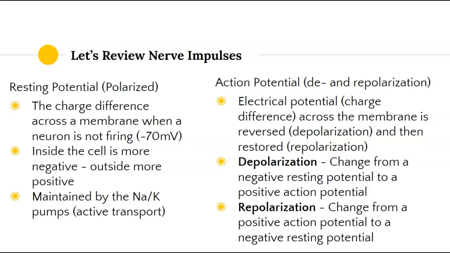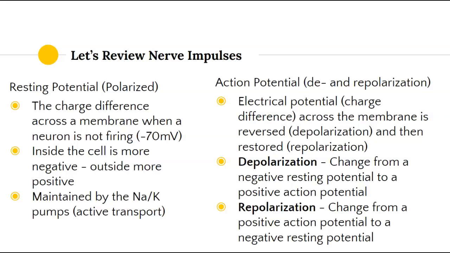So this is when the actual impulse will go into the neuron, and the electrical potential across the membrane is reversed and then restored. So you are changing the charge of the neuron, and you are depolarizing it, and then once the action potential has passed through the neuron, you are repolarizing it.